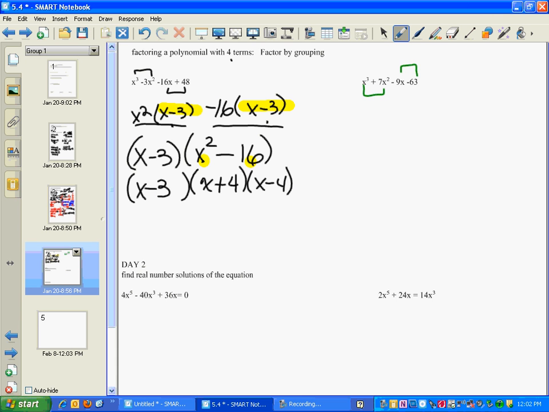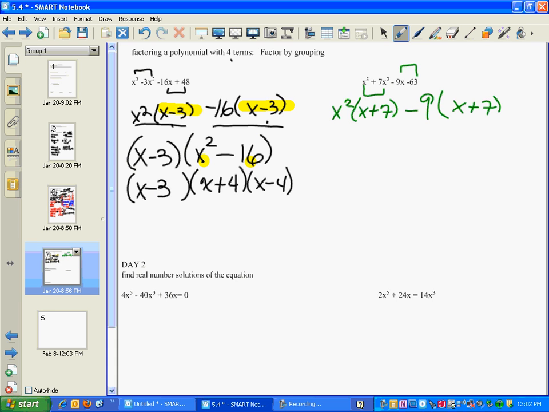Okay, what do I have common in my first 2 terms? Pull it out. What am I left with? That means I need an x plus 7 for my last 2 terms when I pull out what's common. What can I pull out that leaves me with x plus 7? Negative 9.